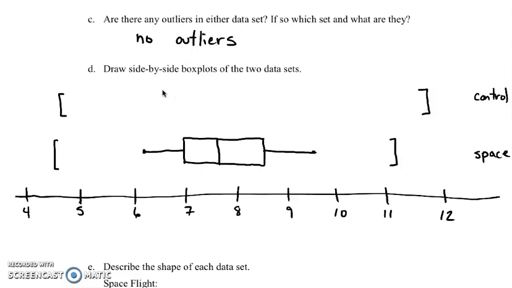And very quickly, for the control group, we have something about here, and let's see, 7.44 for Q1 is about here, 8.57 is about here, and 9.14 is about there.